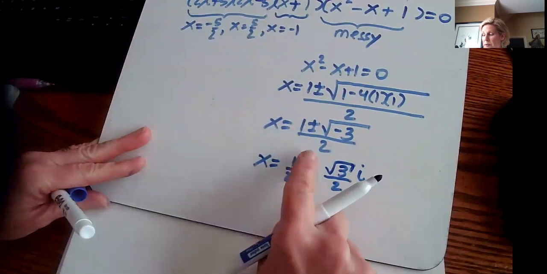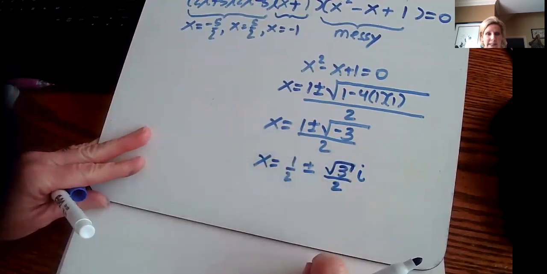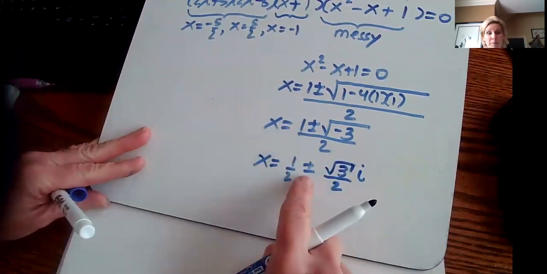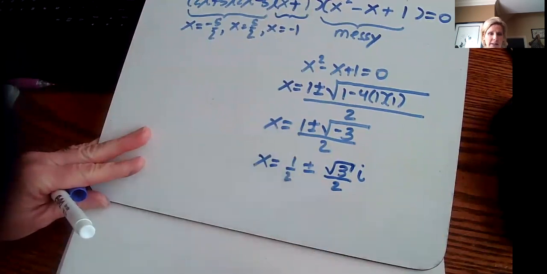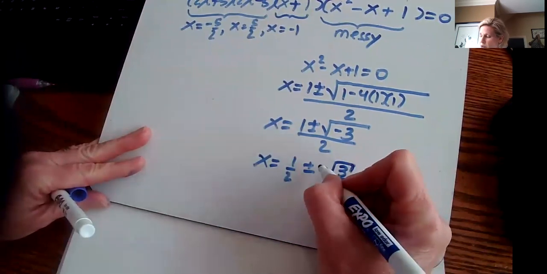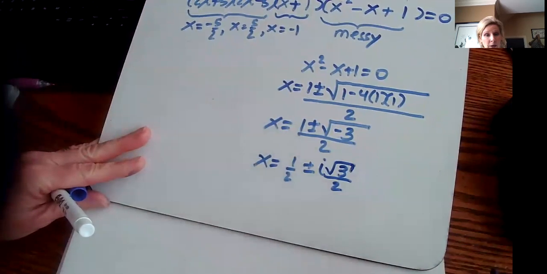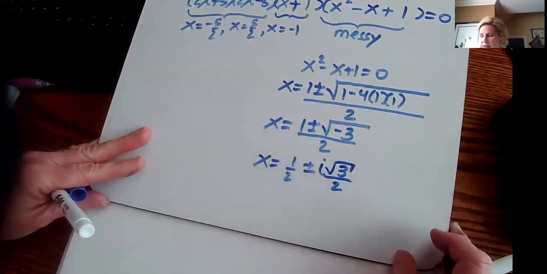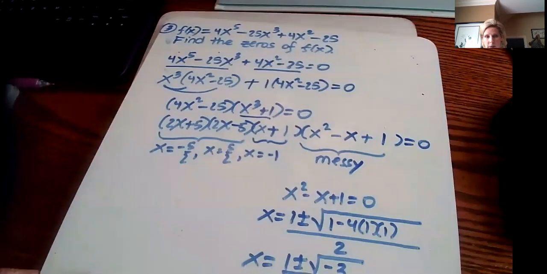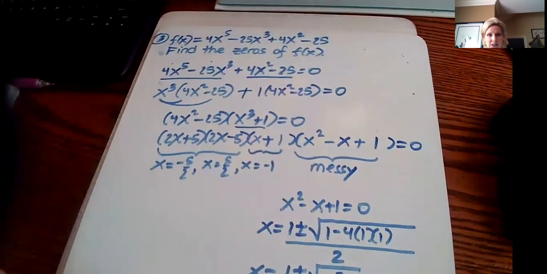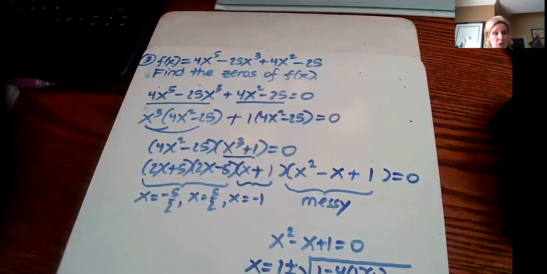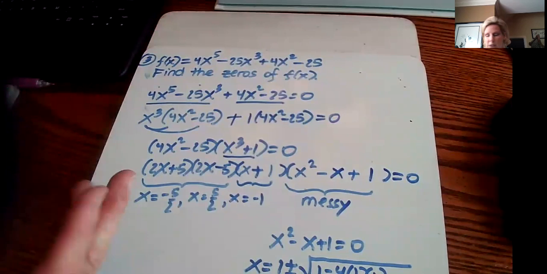So 1/2 plus root 3 over 2i is an answer, and 1/2 minus root 3 over 2i is an answer. And remember, if you want to call it i square root 3 all over 2, perfectly fine. So I get 1, 2, and then 3, 4, 5 answers, and that goes with my 5th degree polynomial. So I have 5 answers, 5 solutions, 5 zeros, 5 roots, all the same basic thing.